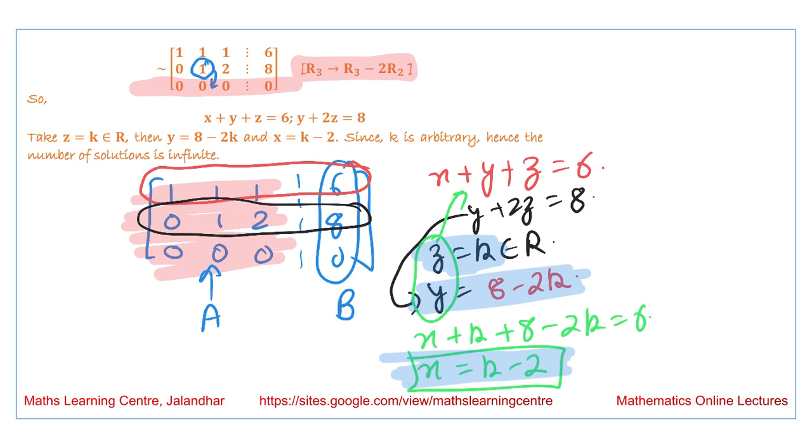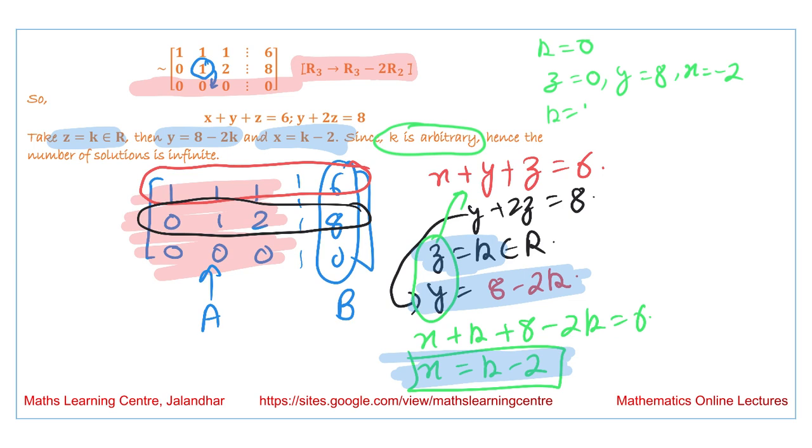So we have obtained the solution: z is equal to k, y is equal to 8 minus 2k, and x is equal to k minus 2, where k is any arbitrary constant. If we substitute k is equal to 0, the solution is z is equal to 0, y is equal to 8, x is equal to minus 2.